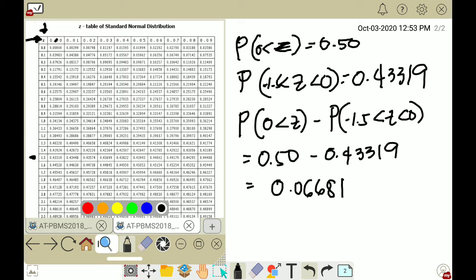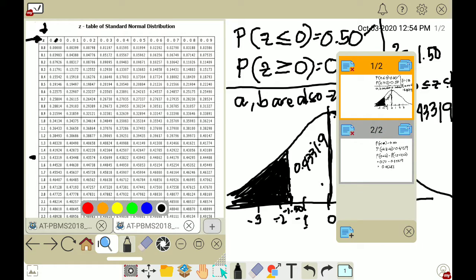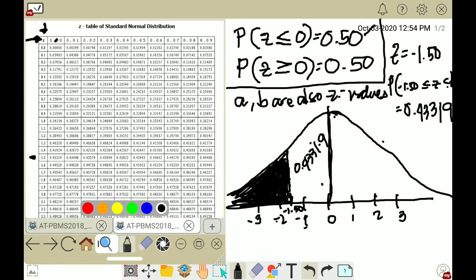And the area for that is 0.06681. Okay, let's check. That's the area that covers this part.